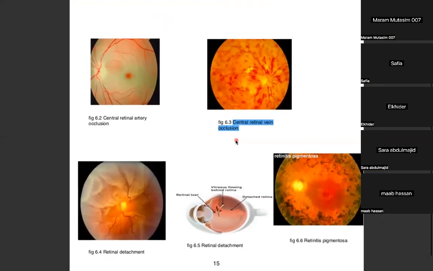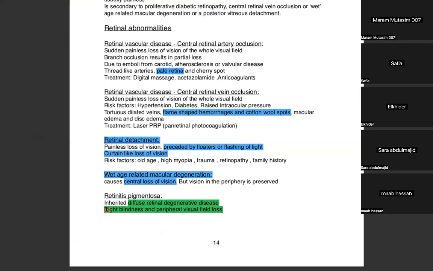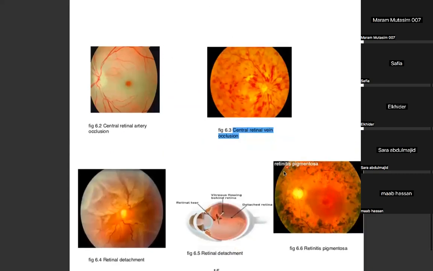So it's a gradual loss of vision. It starts with night blindness and peripheral visual field loss. As you can see in this picture, the blackness starts where? In the peripheries. It happens in young people, and it's degenerative, so it keeps getting worse as they grow up, and it's inherited. I don't remember the mode of inheritance, but there's a very strong family history. Okay?